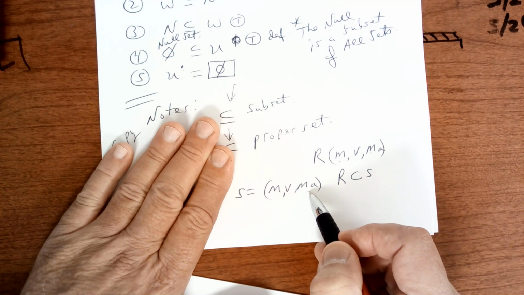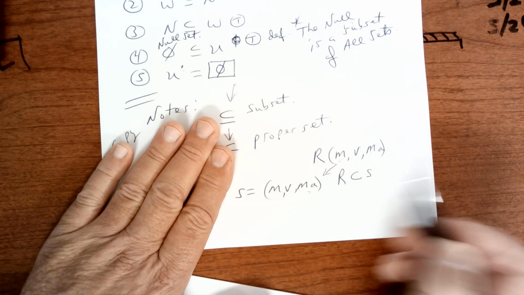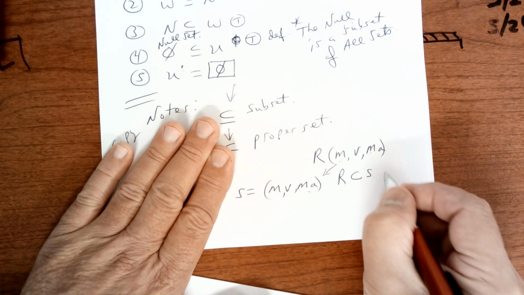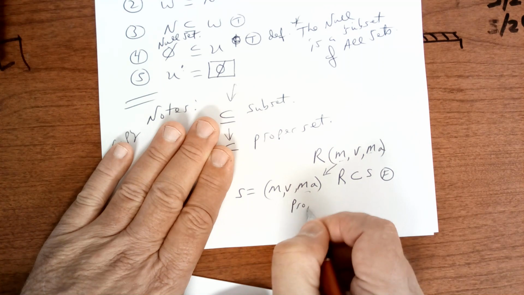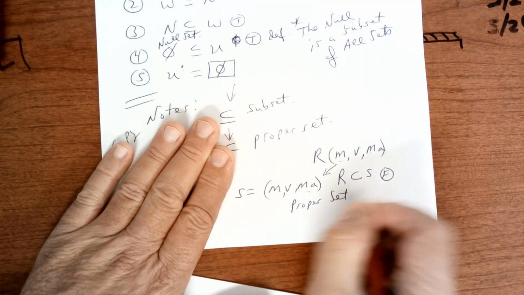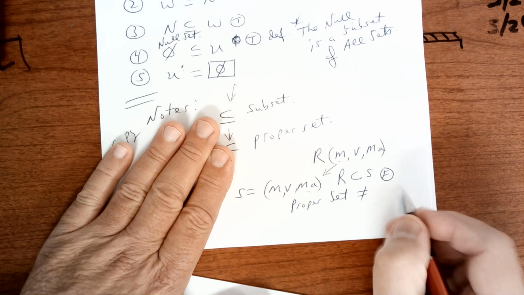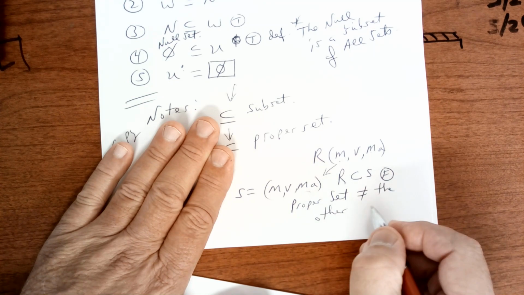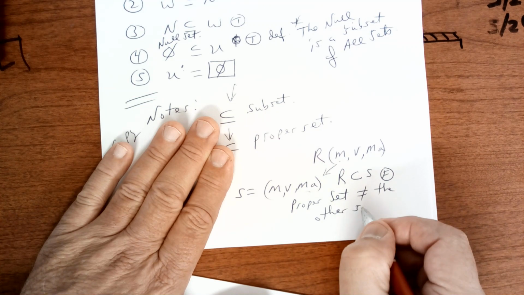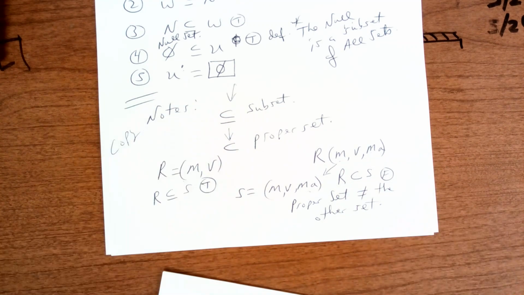Yeah, they are. But it's exactly the same. So this would be false. It cannot equal. So a proper set cannot equal the other set. If it does, then it's not proper. Write that down and memorize it. All right, let's go on.